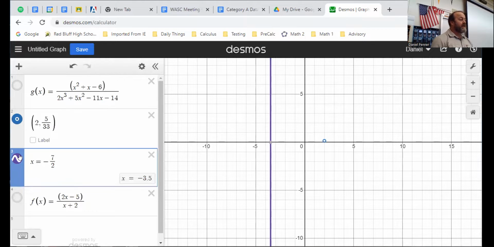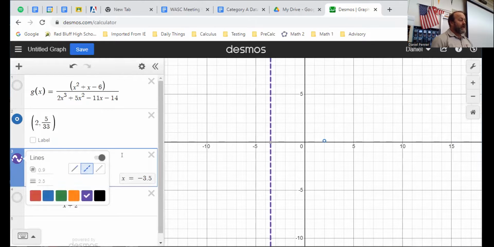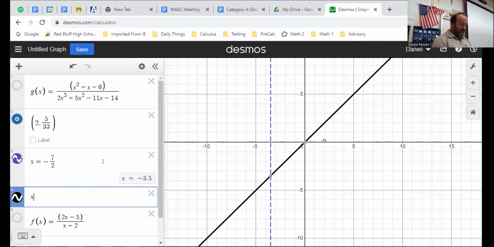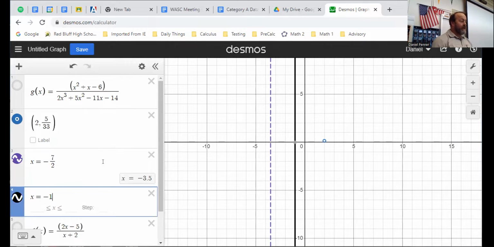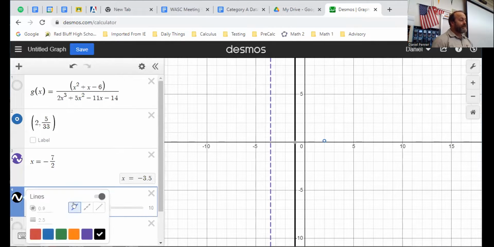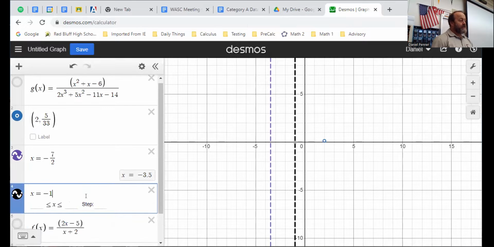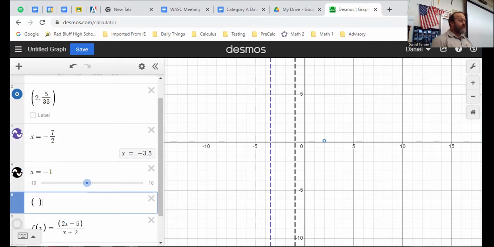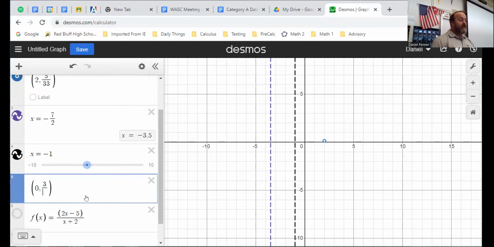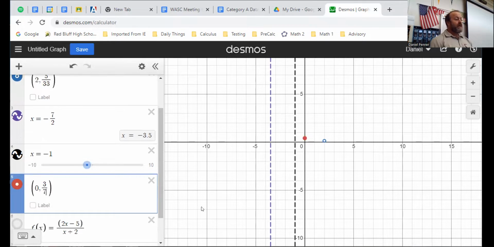I'll put a dotted line there. I also figured out that I had a vertical asymptote at -1. Let's put a dotted line right there. I also noted that it went through 0, 3/7, I think is what we said the y-intercept was.